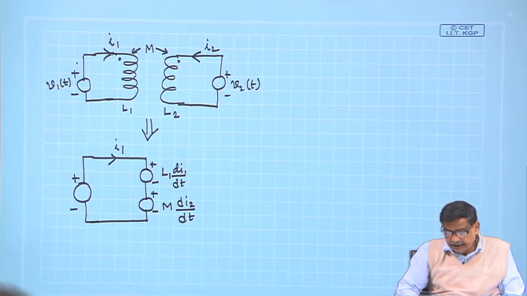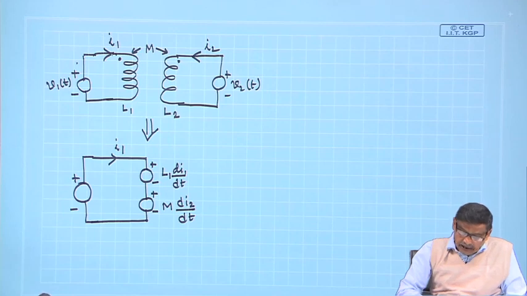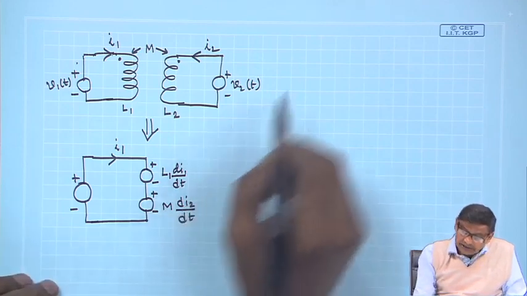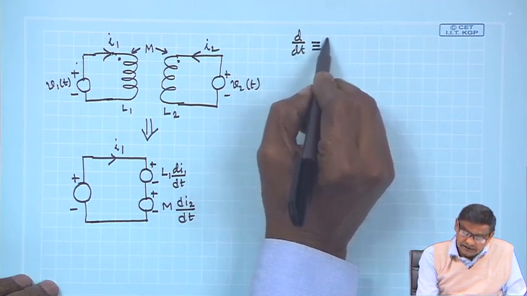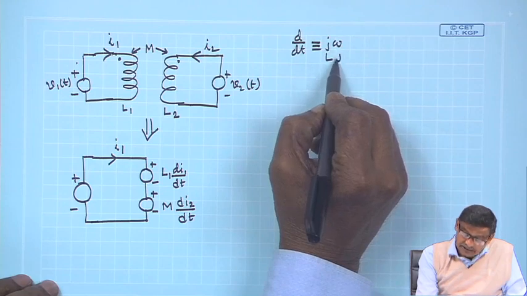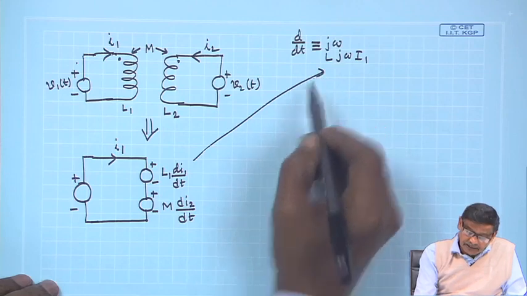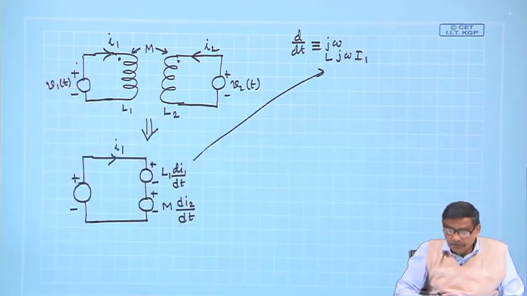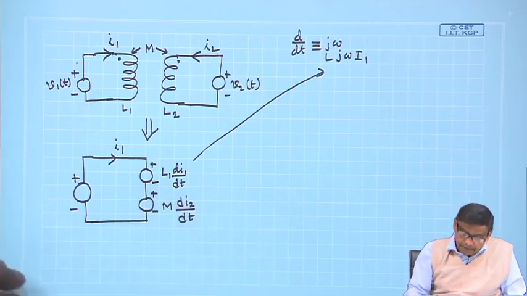In our earlier case, I assumed the supply source to be sinusoidal, and then what I did for d dt, you just replace it by j omega, then you will get L j omega I 1, this term, if the supply happens to be sinusoidal, but in time domain, this is fine.